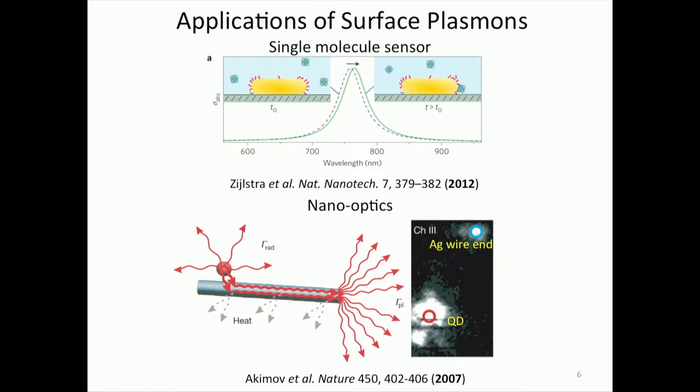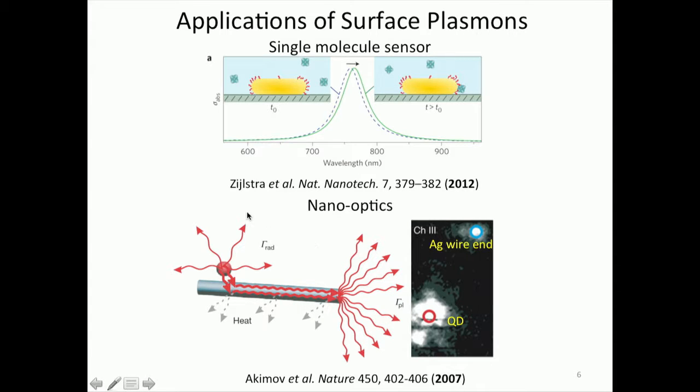And then if you have a single molecule attached to this rod at a certain time, t, they notice a shift in the surface plasmon resonance. And this kind of technique can get down to single molecule sensitivity.